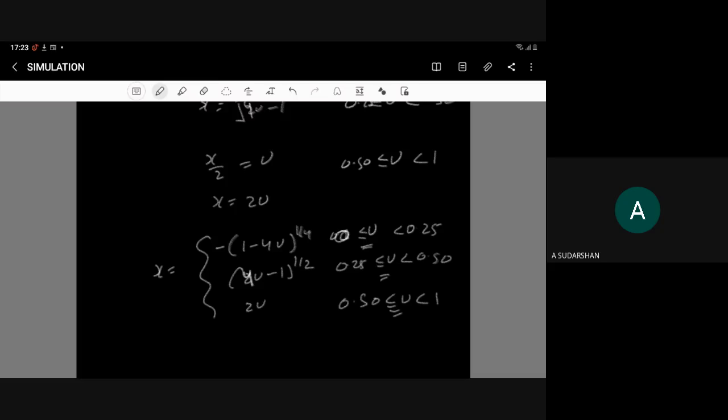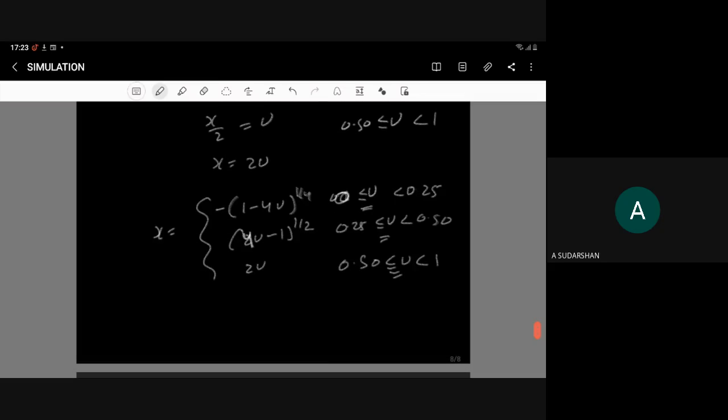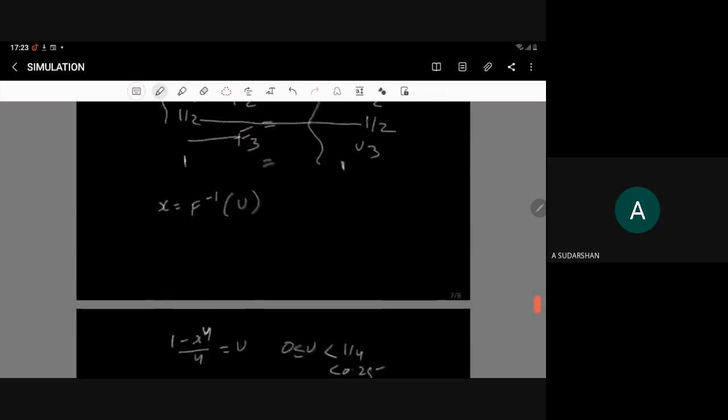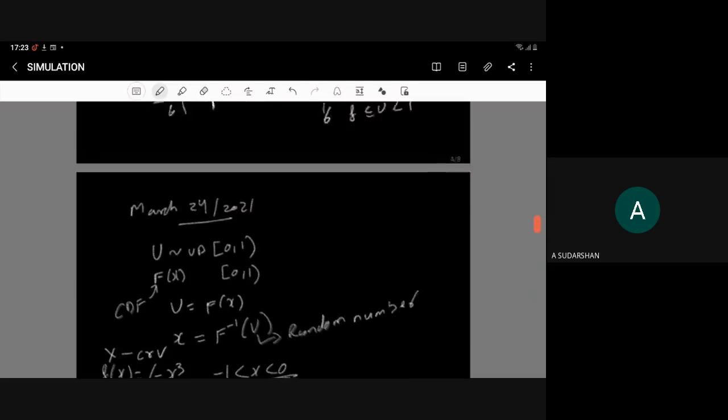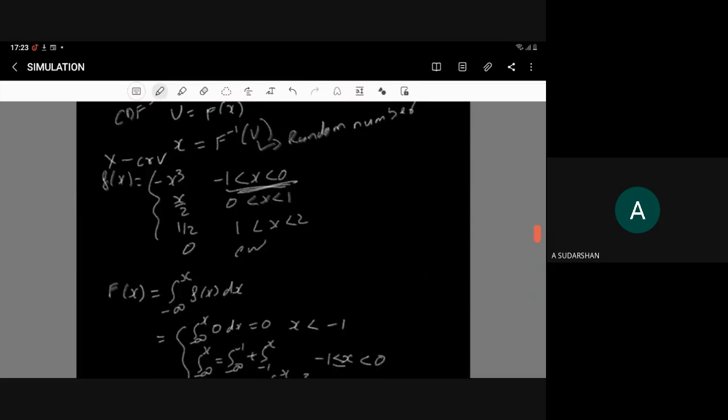Any other doubt? So in this way, we can generate random variate x using the uniformly distributed random number between 0 and 1, 0 inclusive, 1 exclusive, that is, with 0 inclusive on this side and 1 exclusive on this side, which follows this PDF.